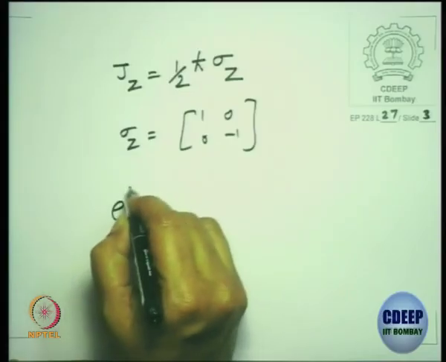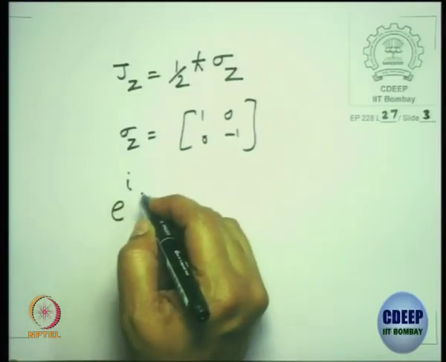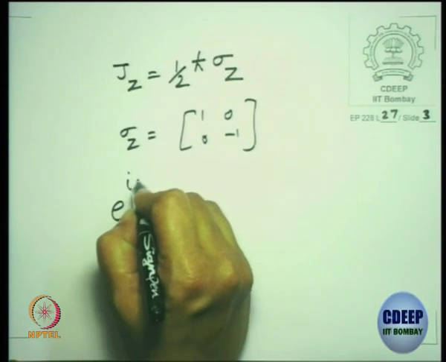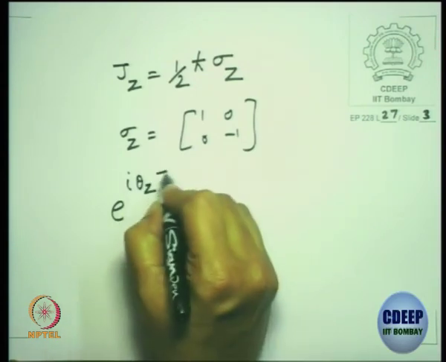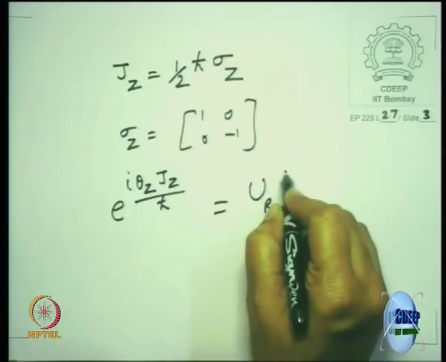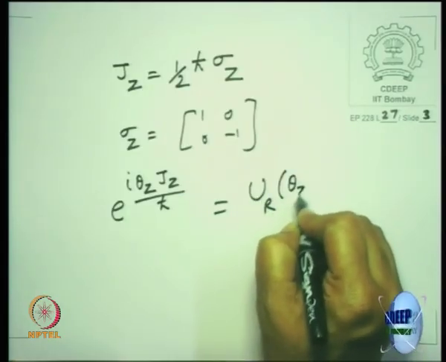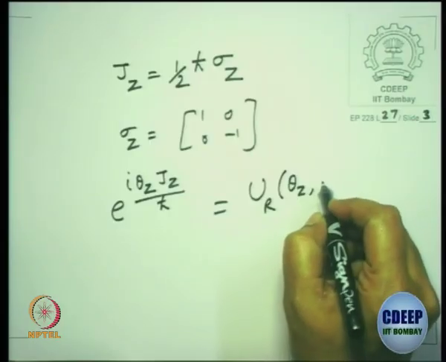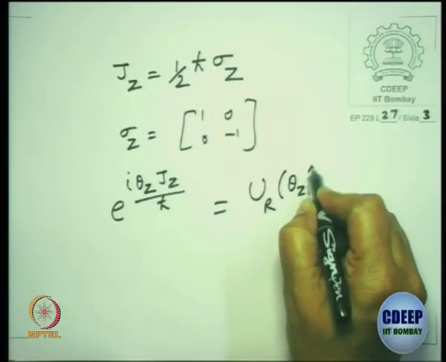If you take exponential of i theta z Jz by h cross, this is the unitary operator for rotation about an angle theta z, z hat if you want to put it.